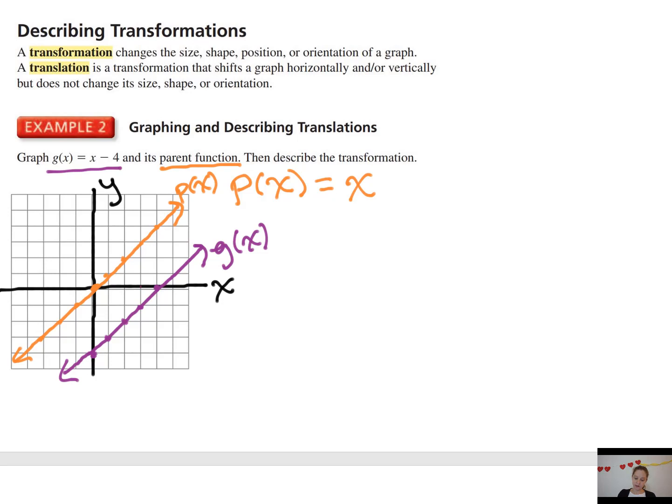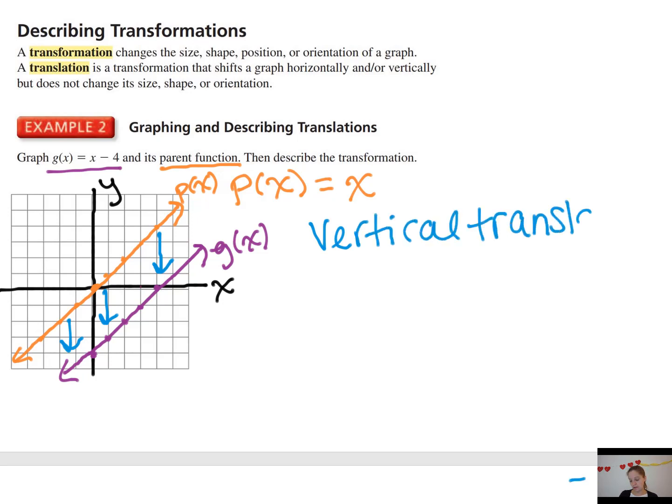So I graphed both of them, and now I'm supposed to describe the transformation. Okay, so the parent function to g of x is a translation, let's write this down, a vertical translation, and I can count 1, 2, 3, 4 units down.